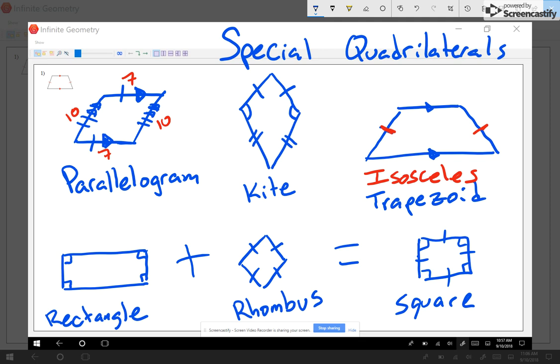So, matter of fact, down the road, weeks from now, we're going to look at a figure that looks like a square, and I'm going to call it a rectangle. And I'll be like, oh, this follows the rules from a rectangle, because the square technically is a rectangle. Right? It's a rectangle and a rhombus. It's both. So technically, it is a rectangle. All right. Any questions on these?